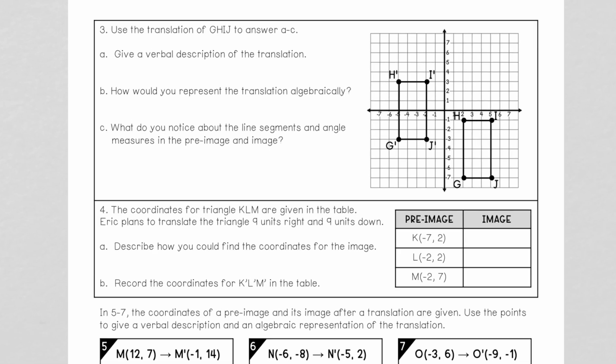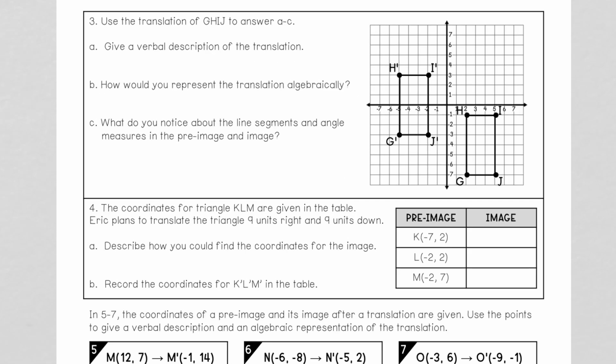Now, on the next part of the notes for the translations, use the transformation of GHIJ to answer A through C. Give a verbal description of the translation. Okay? So we're going to take a look at what that translation looks like. Remember that this is the pre-image and this is the image.